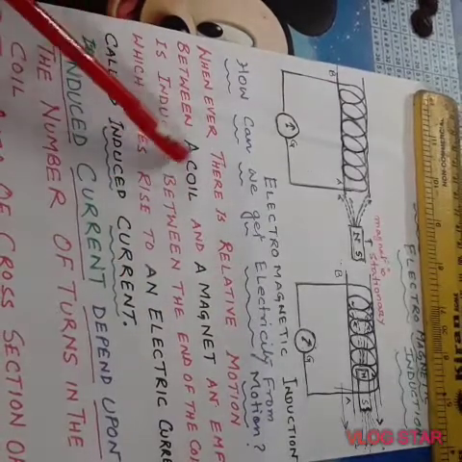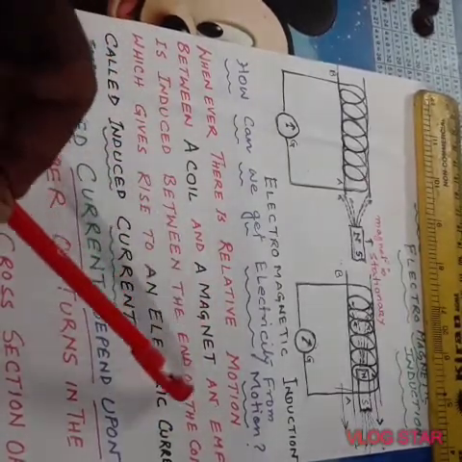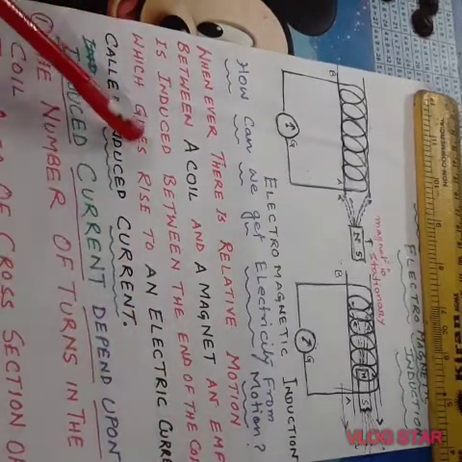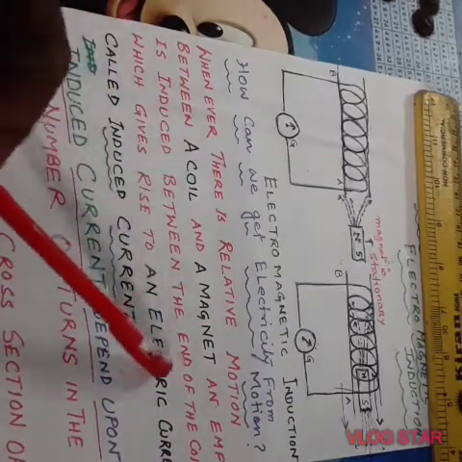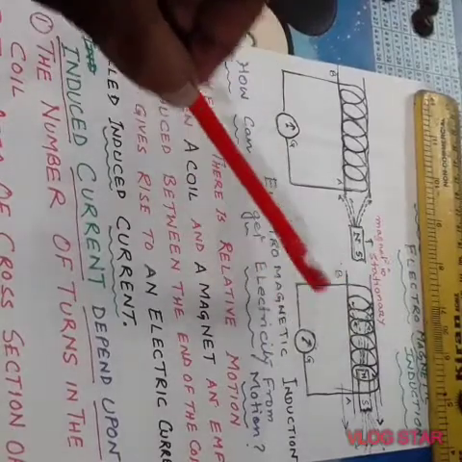Whenever there is a relative motion between a coil and a magnet, an EMF is induced between the ends of the coil, which gives rise to an electric current called induced current. Now this electric current depends upon two factors.